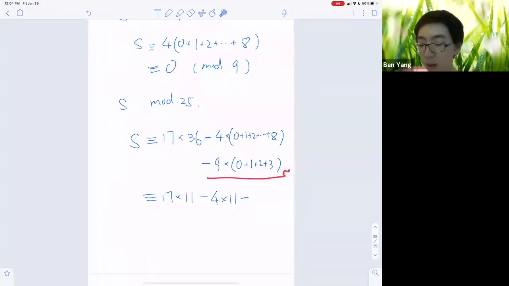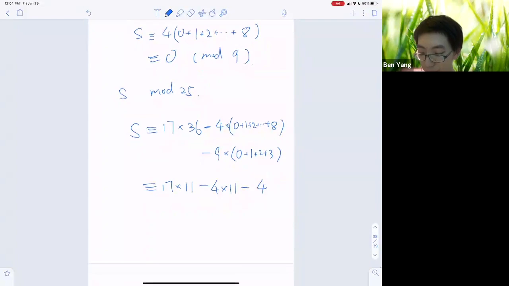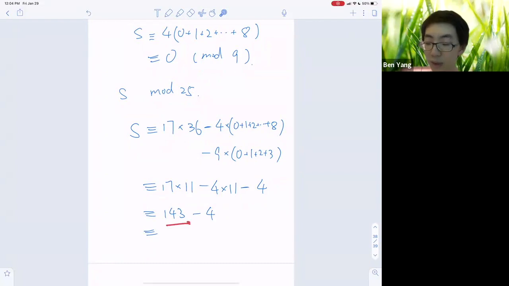But 54 is simply 4 in terms of mod 25. So minus 4 there. What is that? We have 17 times 11 minus 4 times 11, so that's 13 times 11, which is 143, and minus 4 there. So the last two digits here are 39, and that's equivalent to 14 mod 25.